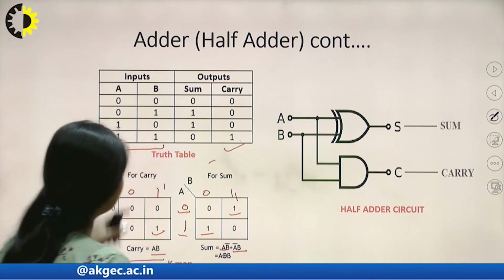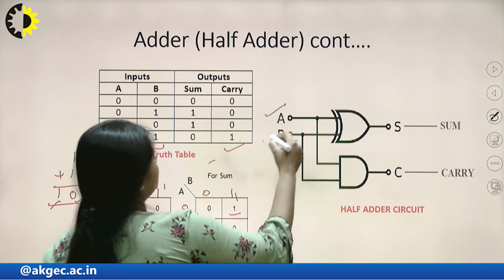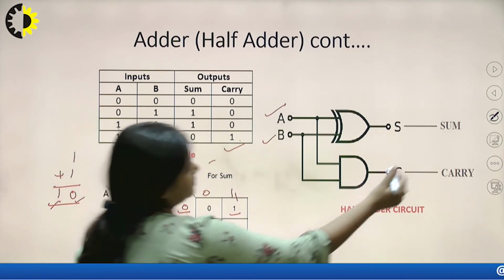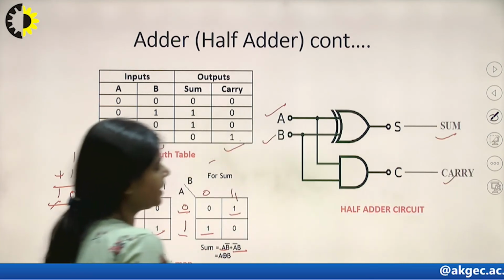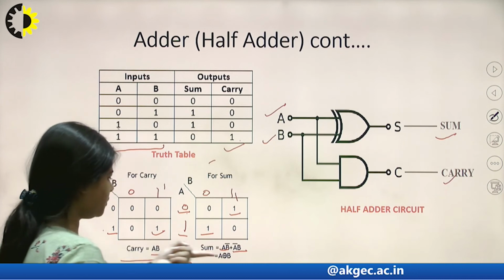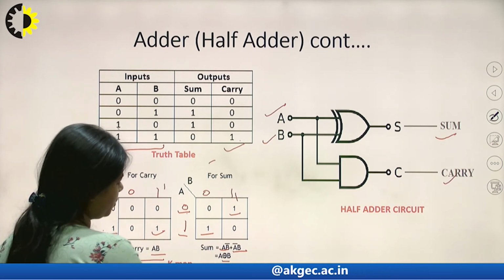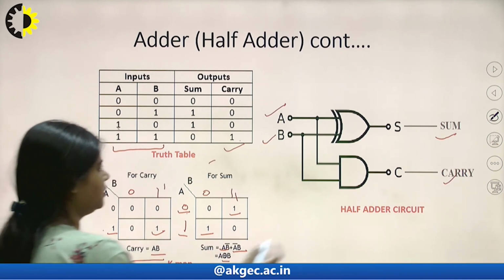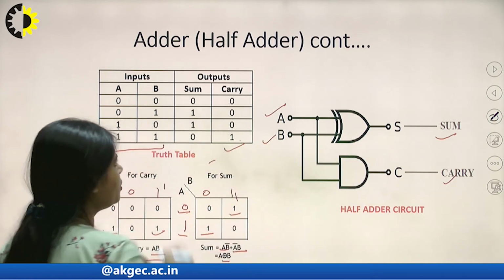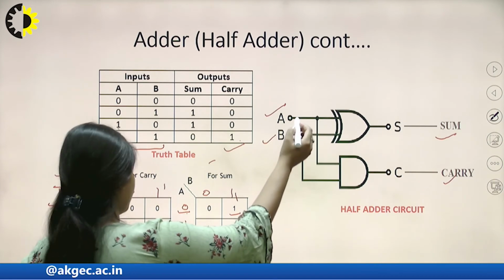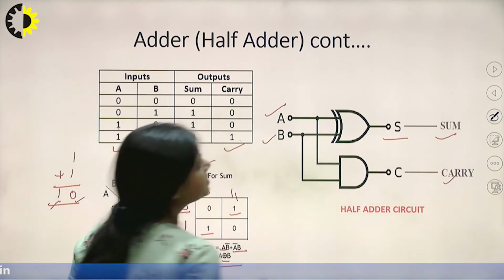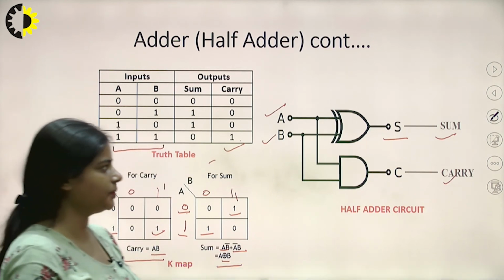So we are going to take two inputs A and B, and we will have two outputs, sum and carry. How can we decide what kind of gate we are using here? From these equations, we have one XOR gate and one AND gate. With A and B as inputs to the XOR gate, we get our sum at this output.